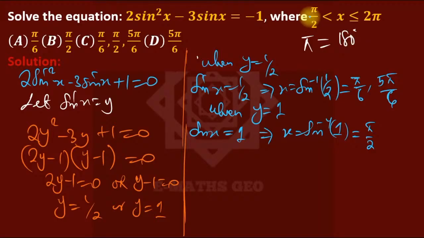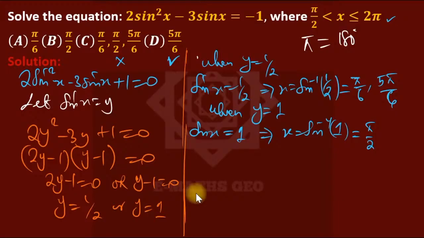So pi over 2 and pi over 6 are off, since they are outside this range. So the best answer is the option with only 5 pi over 6. It's the correct answer that obeys this range.